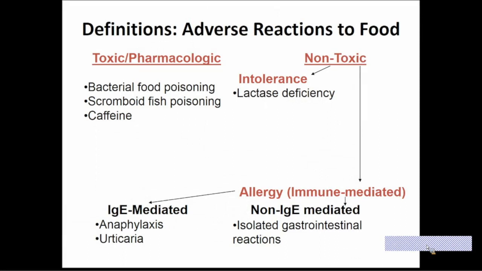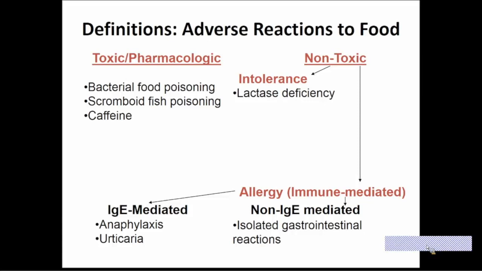So what is the story in terms of defining a food allergy? I mentioned already that a patient might say, hey, I'm allergic, I can't have this or that, but they might be in a different category than an allergy. At the bottom of the slide here, allergy is really defined as an adverse immune response to the food. That's what distinguishes it from other adverse responses. Now, there could be some things that overlap, like scombroid fish poisoning.